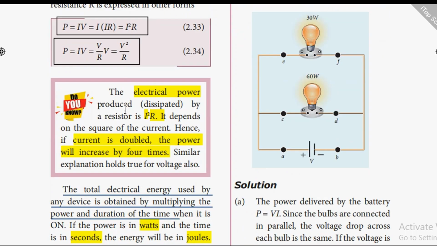The electrical power dissipated by a resistor is given by I squared R. It depends on the square of the current. Hence if the current is doubled, the power will increase by 4 times. A similar explanation holds true for voltage also.